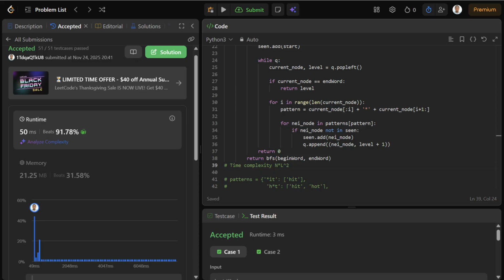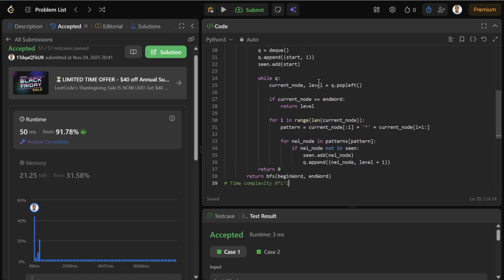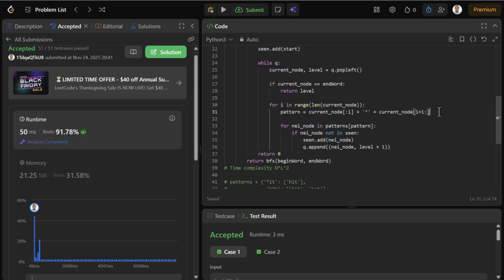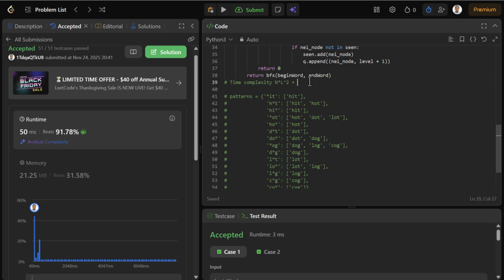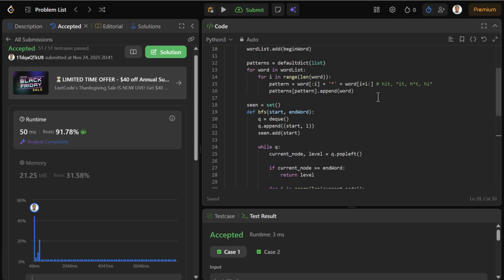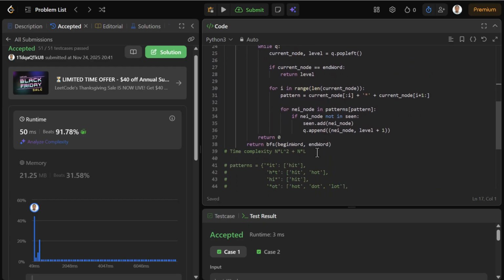For each of the words, we only generate L patterns. So the worst case scenario for this BFS is going to be n multiplied by L multiplied by L. Since these algorithms are quite different, we can add them together. And then for worst case, we just pick the largest, which is this. So the time complexity here is going to be n multiplied by L squared, which is very efficient.